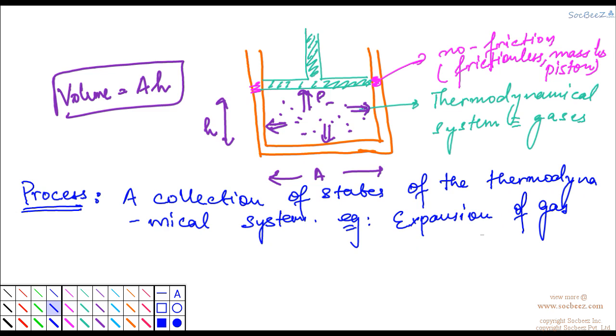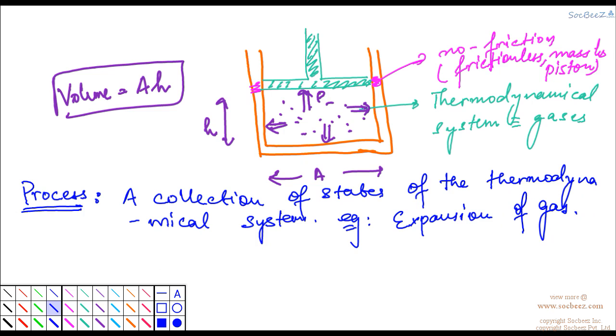During this expansion, we can have infinite time instances. We can take a snapshot of this piston container arrangement, and at each state we can define the volume, pressure, and temperature of the gas. Through this whole transition, that is the expansion of the gas, we can have infinite timestamps, and we can get a whole process out of it, that yes, the gas expanded with these attributes to the final position.